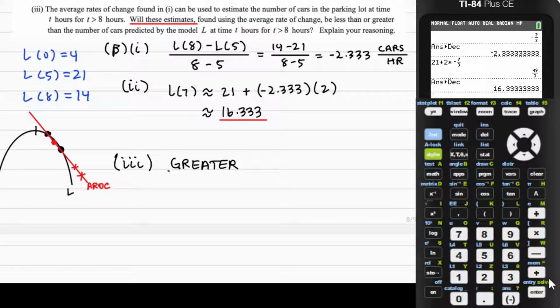Really, again, it has to do with the concavity. Because the graph is concave down, the secant line, that red line, is going to sit above the curve, at least on the outsides. And this whole reasoning with the secant line is really not something we do in calculus very often. I'm going to say because A is negative, that's what is causing it to be concave down.